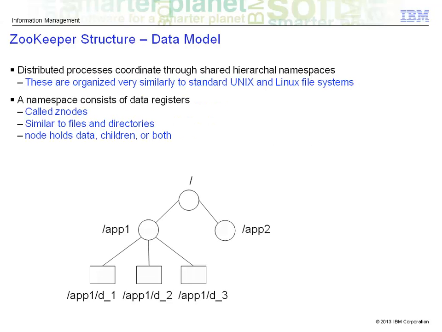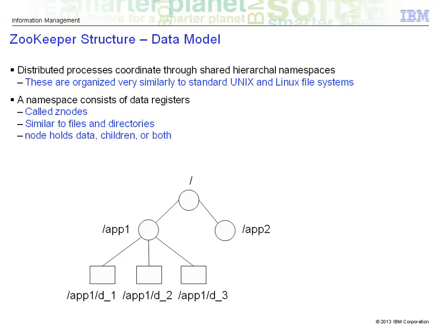The distributed processes using Zookeeper coordinate with each other through shared hierarchical namespaces. These namespaces are organized much like the file systems in Unix or Linux. Each namespace has a root node and can have one or more child nodes. Since the term node has so many different connotations, Zookeeper refers to each of these nodes as Z-nodes.